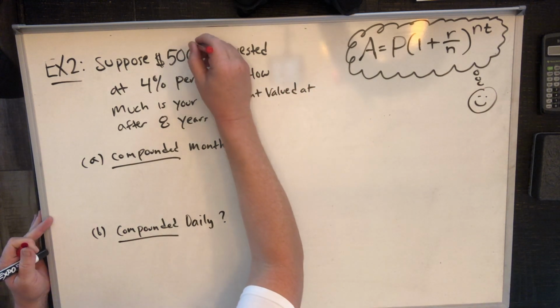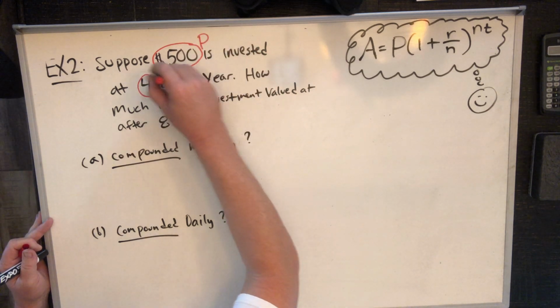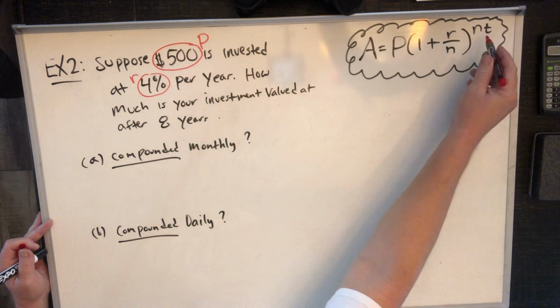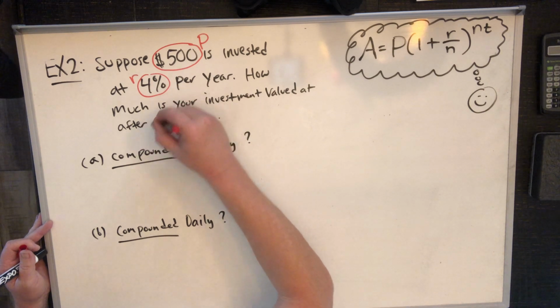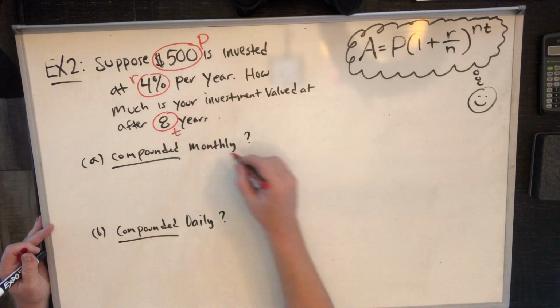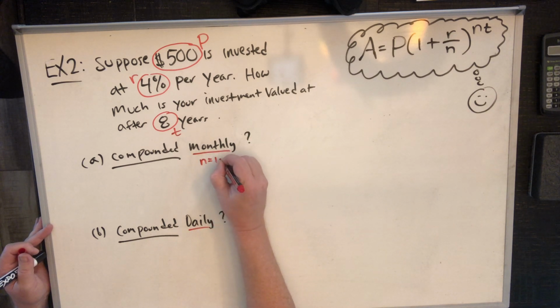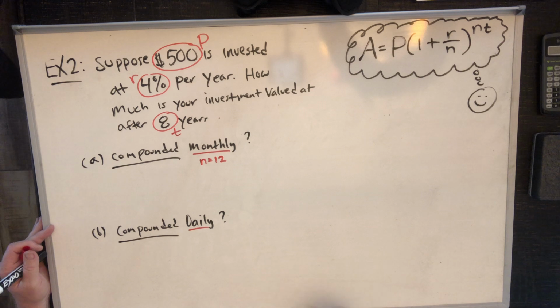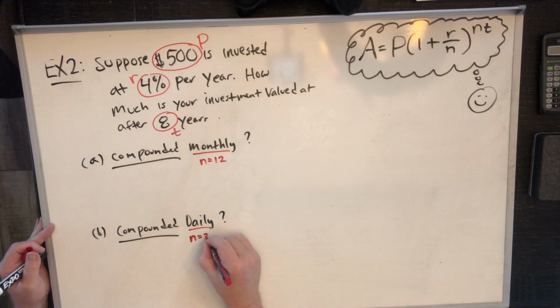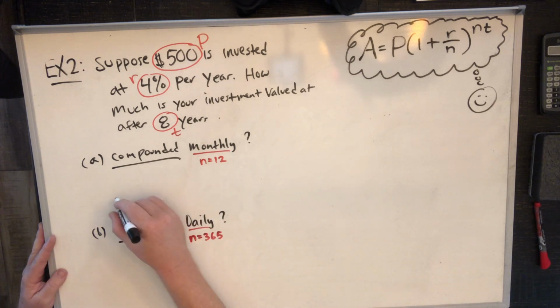Identify who everybody is. You've got your principal, P, got your interest rate, r, and you've got your number of years, t, and then the compoundings are going to tell us what n is. Monthly n is 12, and daily n is 365. So let's start off with the monthly.